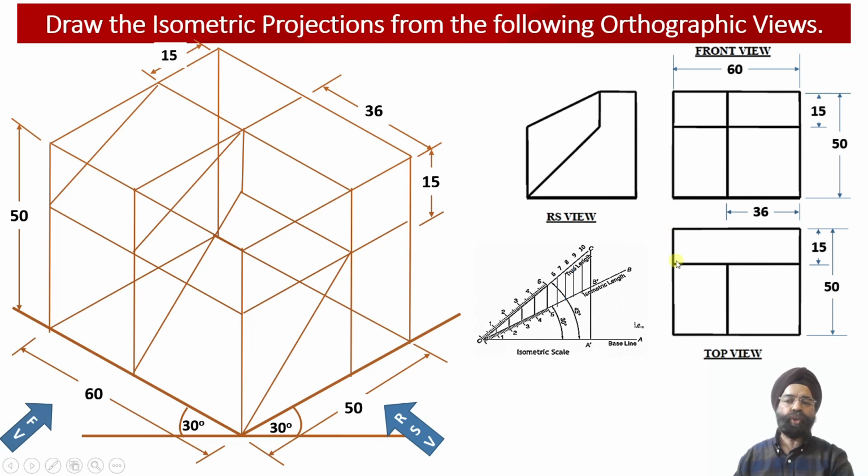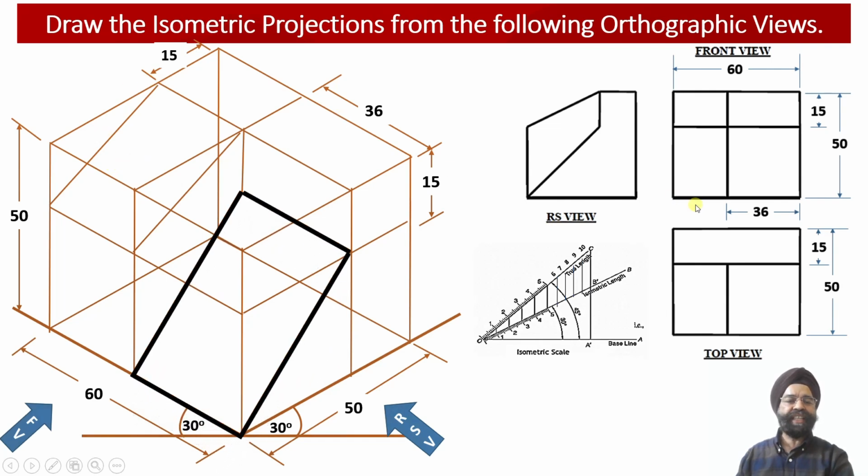Whereas in the top view, this surface happens to be parallel to the horizontal plane, so corresponding to this rectangular web, which is going to measure 15 millimeter by 60 millimeter, we are going to obtain true shape projections corresponding to this vertical web, which happens to lie on the rear side of the solid. So this way we have been able to convert the information which was provided to us through the front view, top view and the right hand side view orthographic projections into the 3D isometric projection view over here.